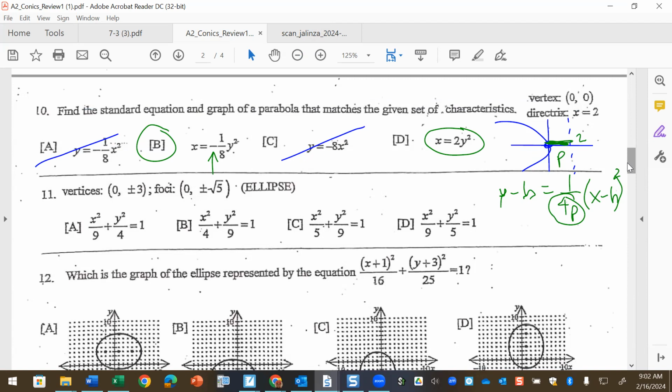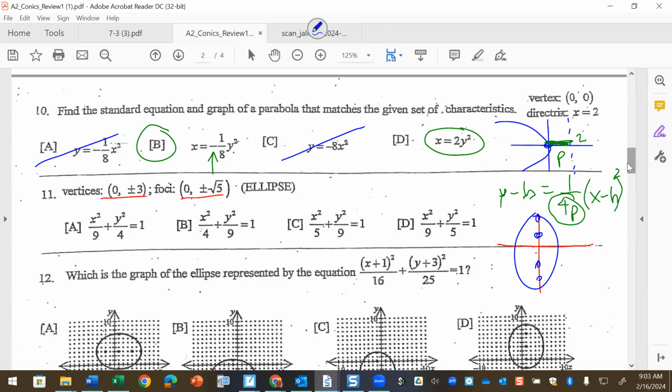Okay. Number 11, let's go to ellipses. All right. If you plot the 4 dots here, they're all on which axis? The y-axis. Which means the big number has got to be under X or Y if it's stretched tall.